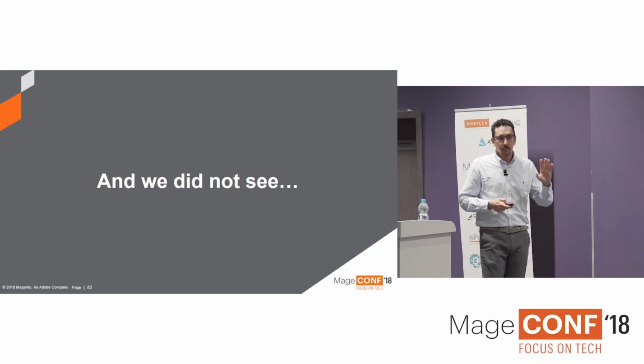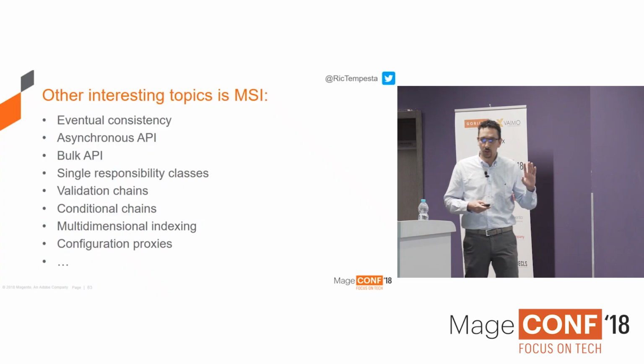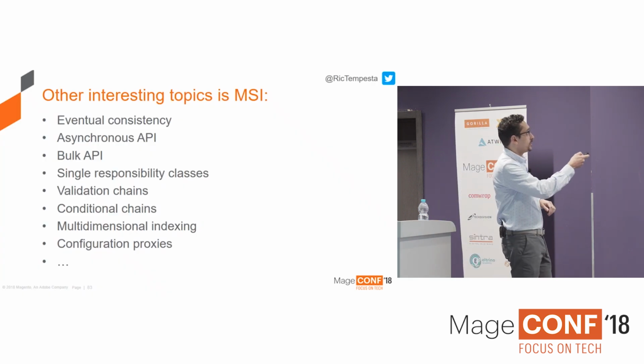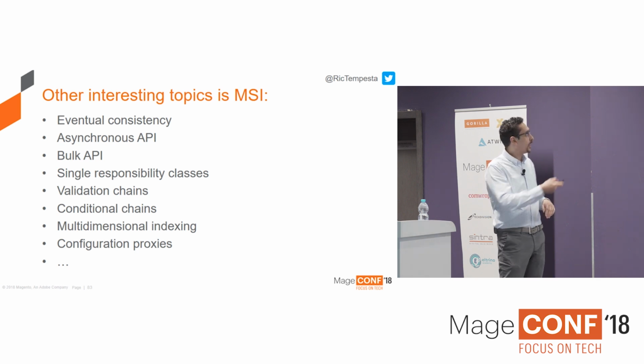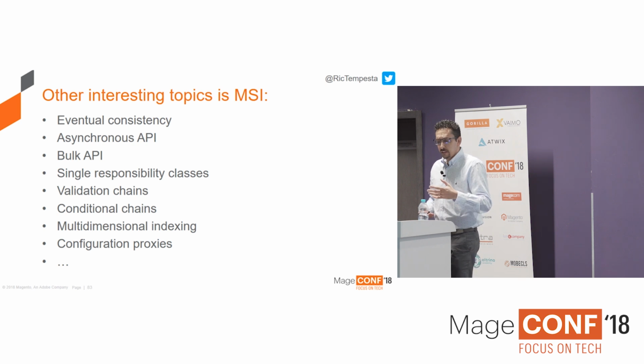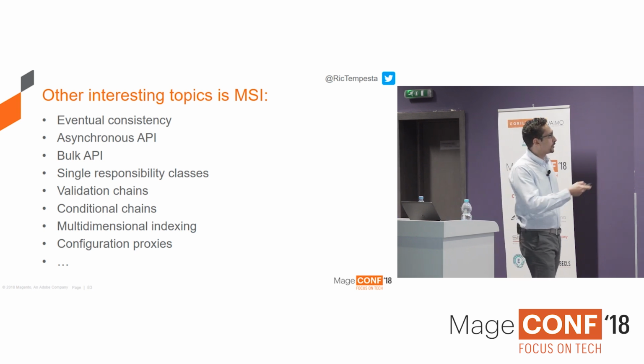And we didn't see a lot of other challenges we had behind MSI, but I want to just name some of them. So, eventual consistency, asynchronous API and bulk API. It's a very interesting topic because you will see it in another speech from Alexander Lizun that will take place, I don't know if it is the next one or later.